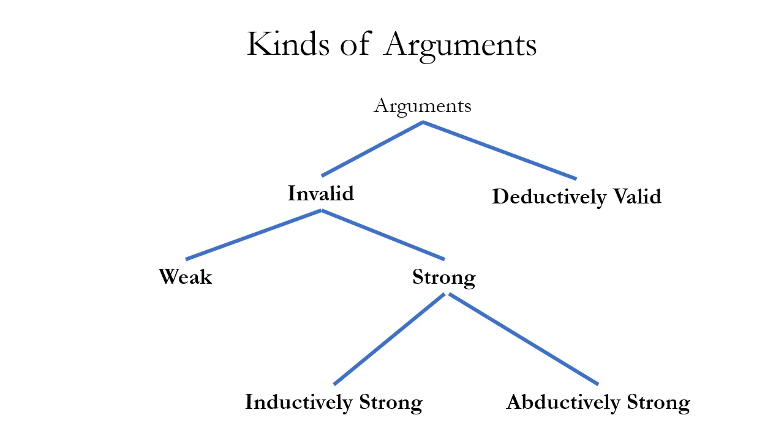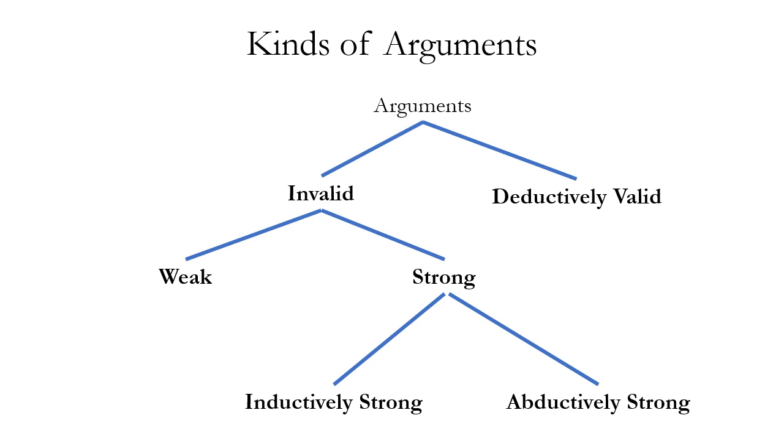Inductively strong arguments are ones where you're trying to prove a generalization based on examples. That's a common way of using the term inductive to refer to an inductive generalization. And if you think about it, even if you have a lot of examples to prove a generalization, there's no absolute guarantee the generalization is true. It's a matter of probability.